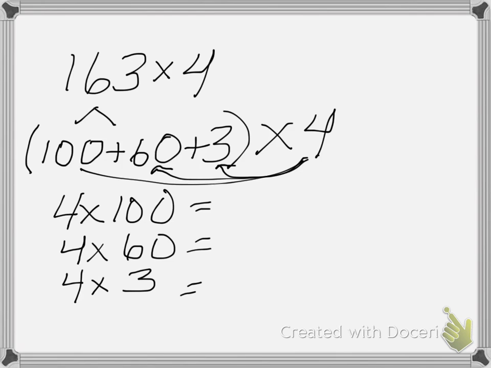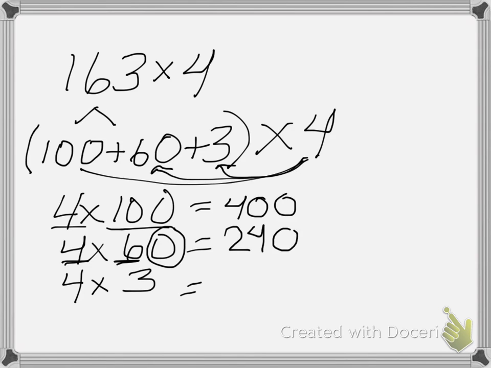Now I do that multiplication. 4 times 100 is 400. 4 times 60, I'm going to grab that basic fact of 4 times 6. That gives me 24, but I'm multiplying by a multiple of 10, and we know that pattern will put a 0 at the end. And then I have 4 times 3, which is 12. Notice how I lined up the 12 with the 1 in the tens place and the 2 in the ones place.